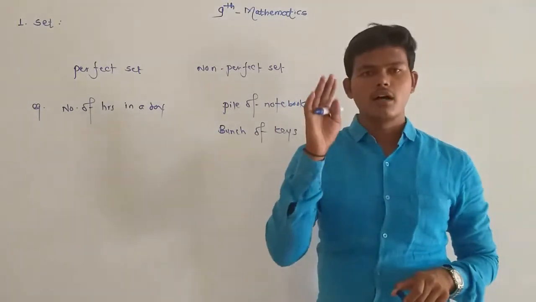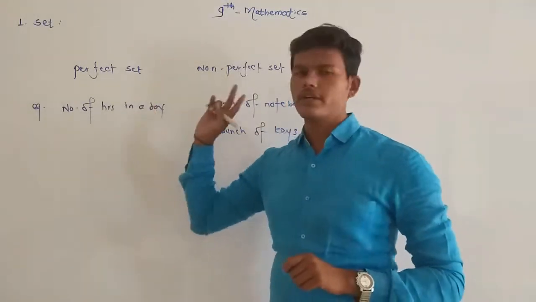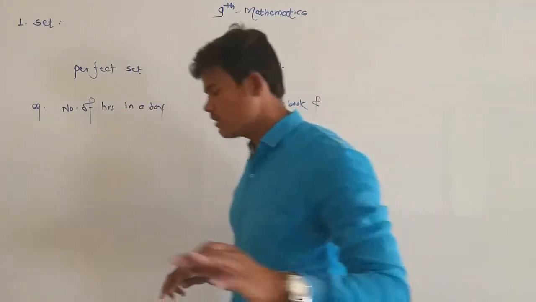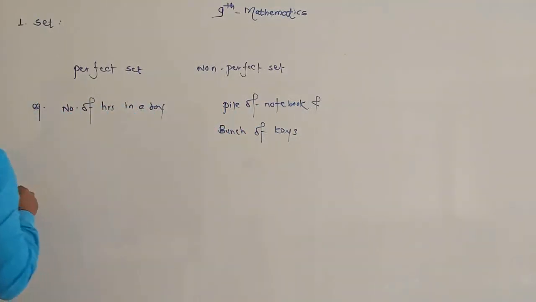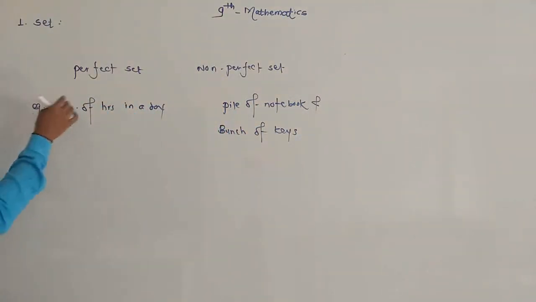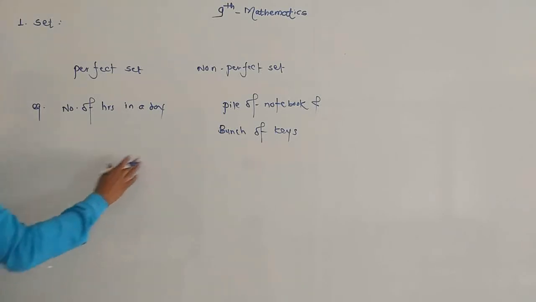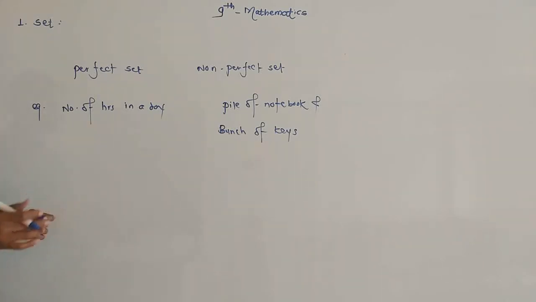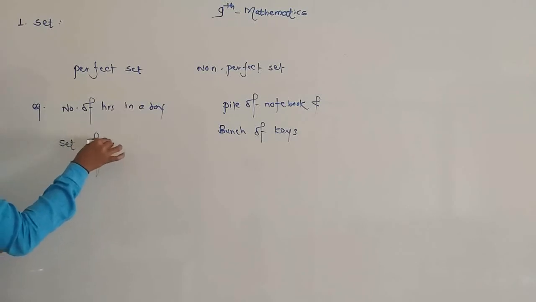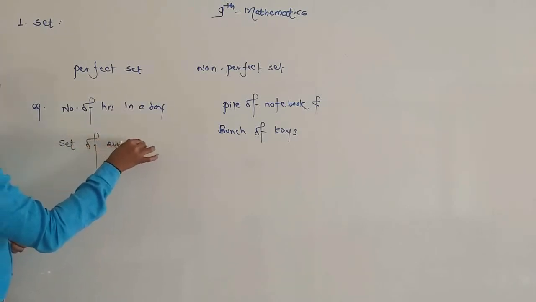So we always consider the perfect set. Examples of perfect sets are the number of hours in a day, the number of days in a week, the number of months in a year, the planets in our solar system, and the number of fingers in our hand. Another example is the set of even numbers.